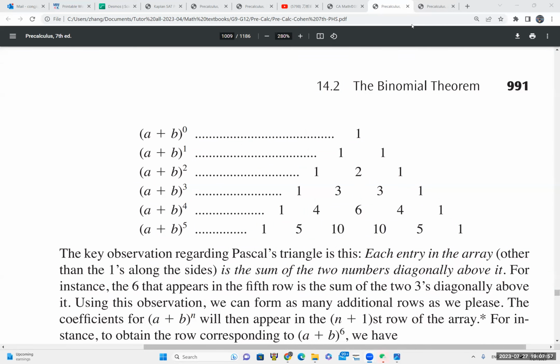The rule is like this: you can draw each entry as a circle, and each circle is equal to the sum of the terms above it. For example, for this 10, you can think it's from 4 and 6.